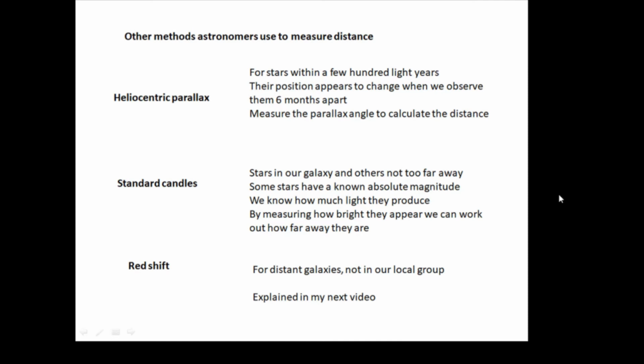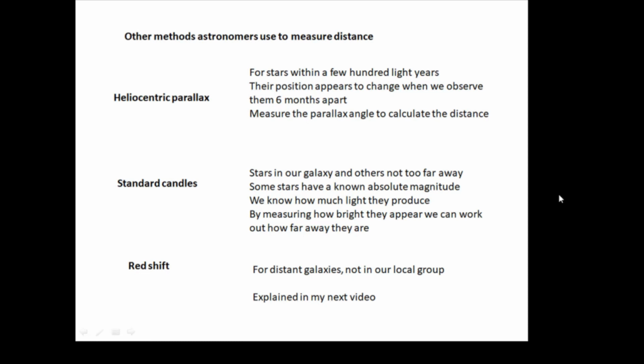For more distant stars and stars in nearby galaxies, we can use things called standard candles. If you imagine we know how bright a candle is, then the further away it is, the dimmer it is. So some stars, we know how bright they actually are. We know how much light they give off.